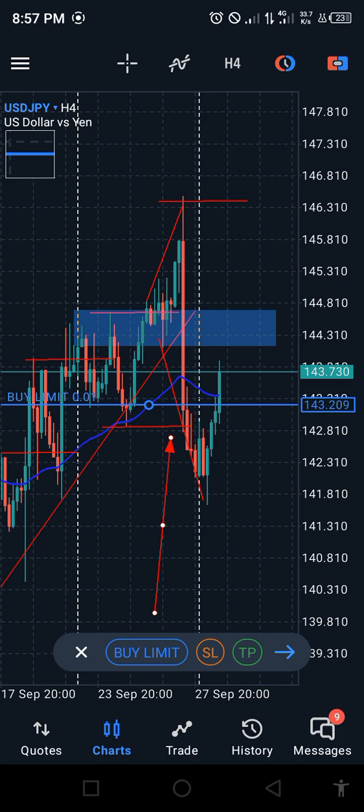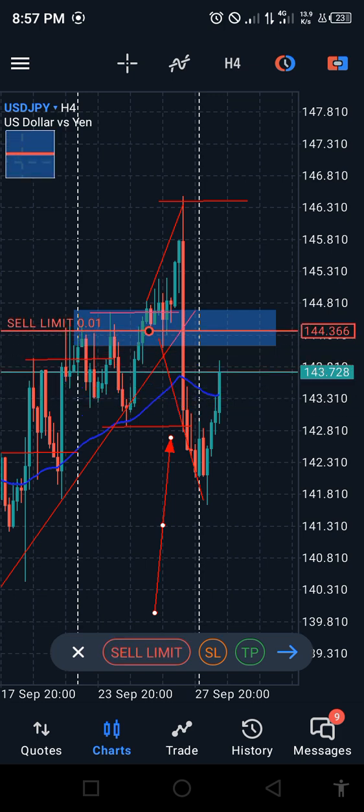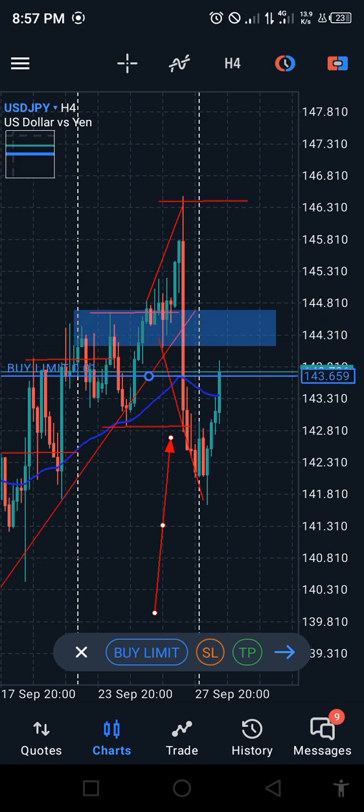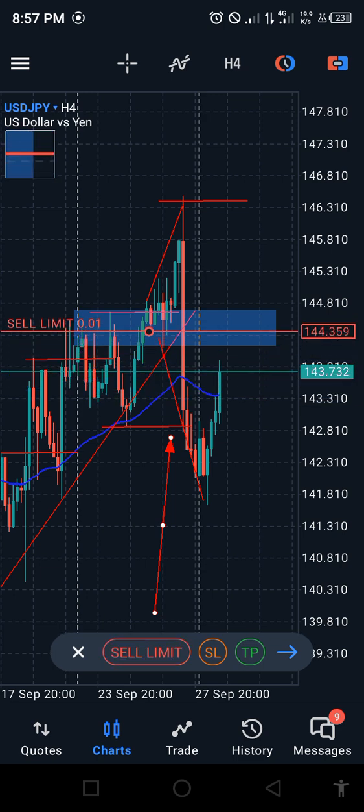So that's how the market functions. You cannot place a sell limit below, because sell limits are only activated above, and the same goes for buy limit.